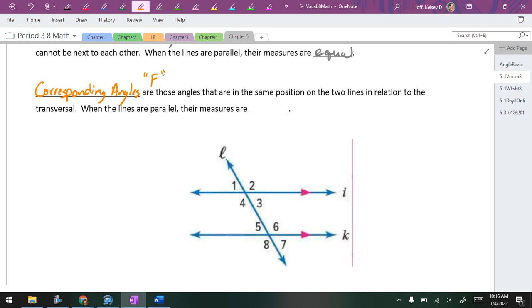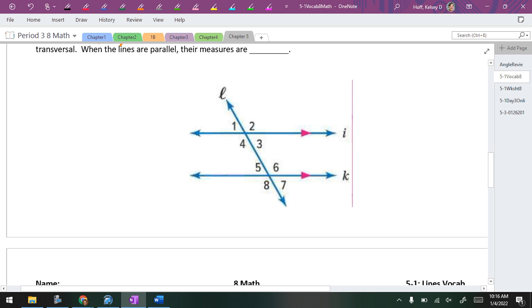Okay. So somebody pick a number 1 through 8. 8. Okay. The corresponding angle to this has to be in the same place on the other line. So right now it's on line K. Everybody follow me? So I need to know where angle 8 would be located if I was really looking at line I. 4.